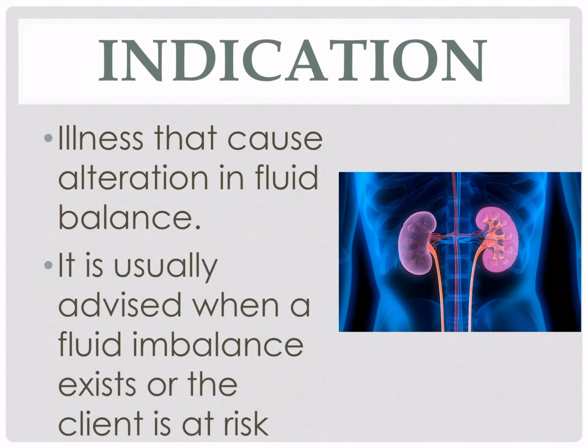For example, if your client has a renal problem or renal disease, it is very important to monitor their intake as well as their output, since patients who have renal problems have problems eliminating excess fluids in the body. As a result, excessive body fluids are retained inside the body.